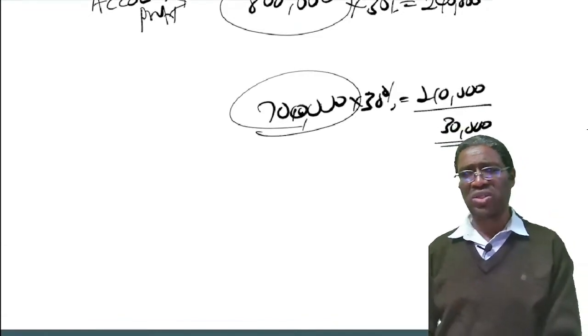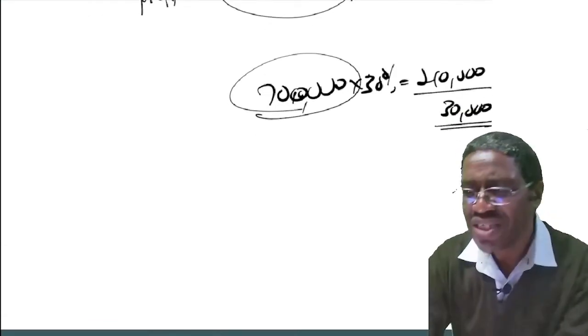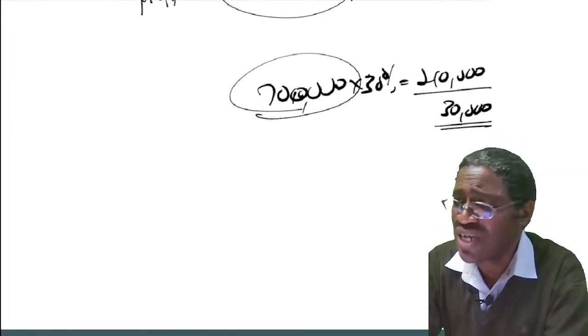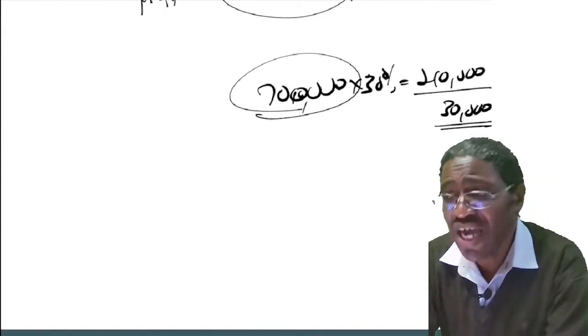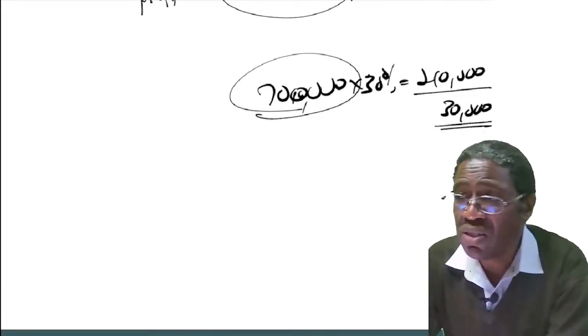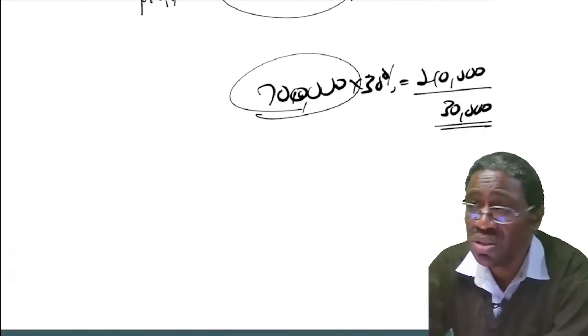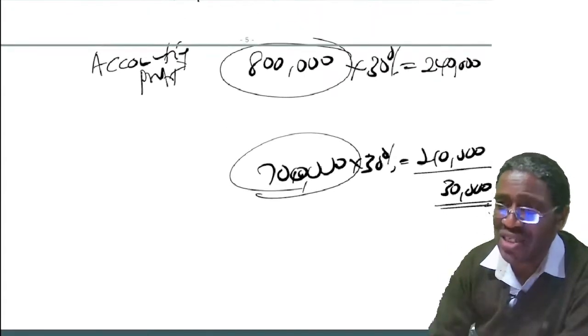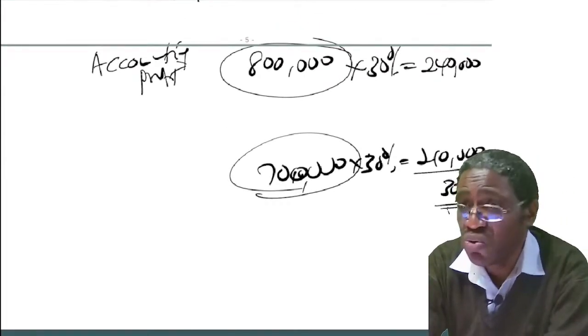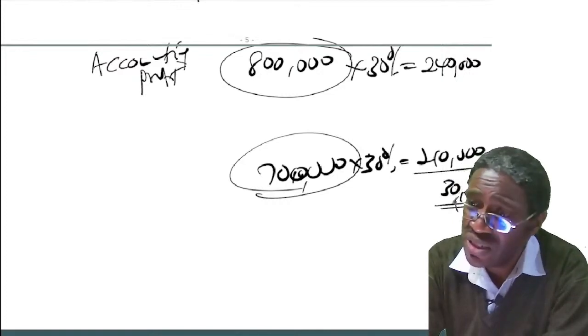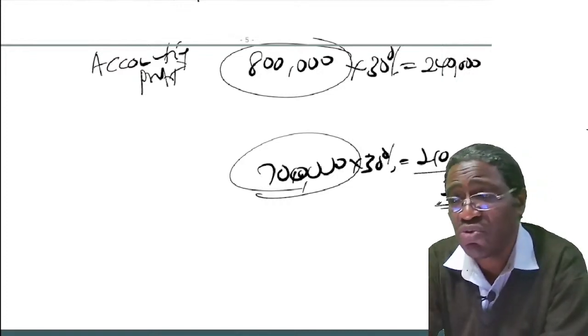Now the question is this. Does it mean that as a company, I'm not going to pay this 30? I thought I would be required to pay 240, according to my calculation. Me as a company, my profit was 800, the tax rate is 30%, so I thought I'd pay 240.